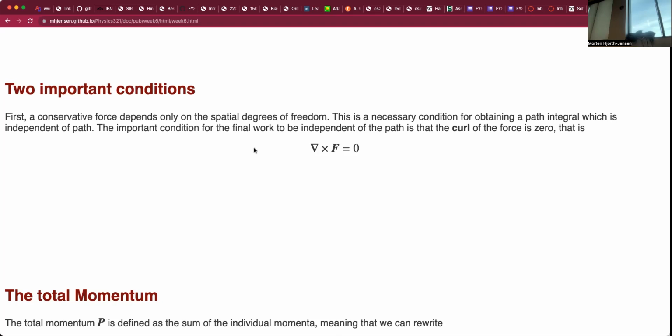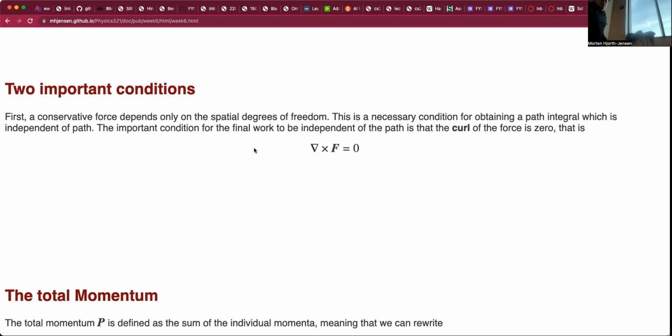So these two conditions give us a force which, when it acts on a path which you're taking, gives a final result, the difference between the kinetic energy in the beginning and at the end, that is independent of the path which we take.